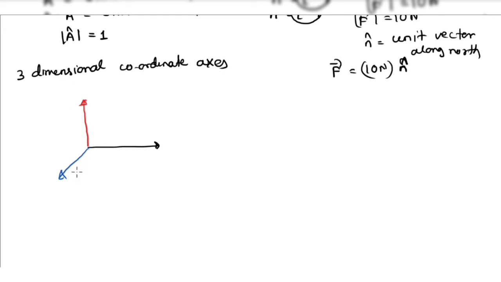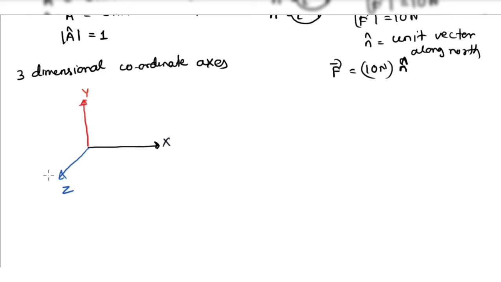So a vector can have direction along x-axis or along y-axis or along z-axis.